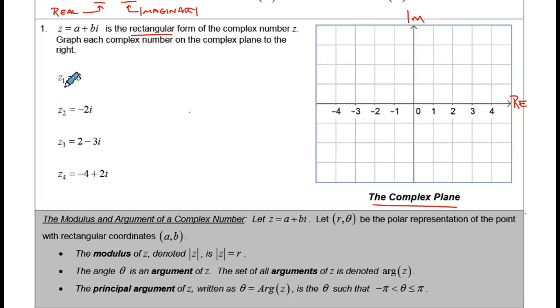If z equals 3 is our complex number, that could be rewritten as 3 plus 0 times i. Well, in the complex plane, that's going to be the point 3 comma 0. So I'm going to graph 3 comma 0 and label it as z sub 1 because that's the first complex number we're graphing. So let's go ahead and do these other ones really quickly here.